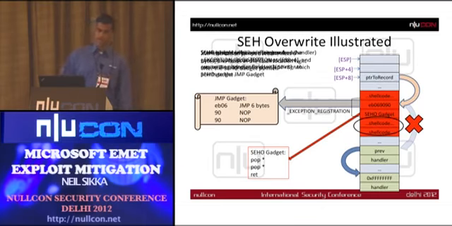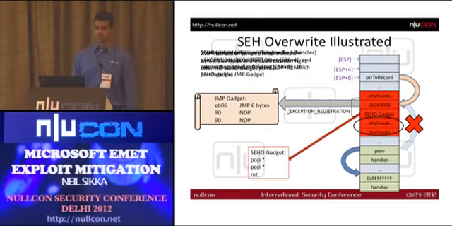And as you can see in the exception handler, ESP plus 8, which is this part here, always points to the first node in the chain, which we've overwritten with EB069090. So basically we're returning to the value stored here, which is this address. So now we start executing EB069090.